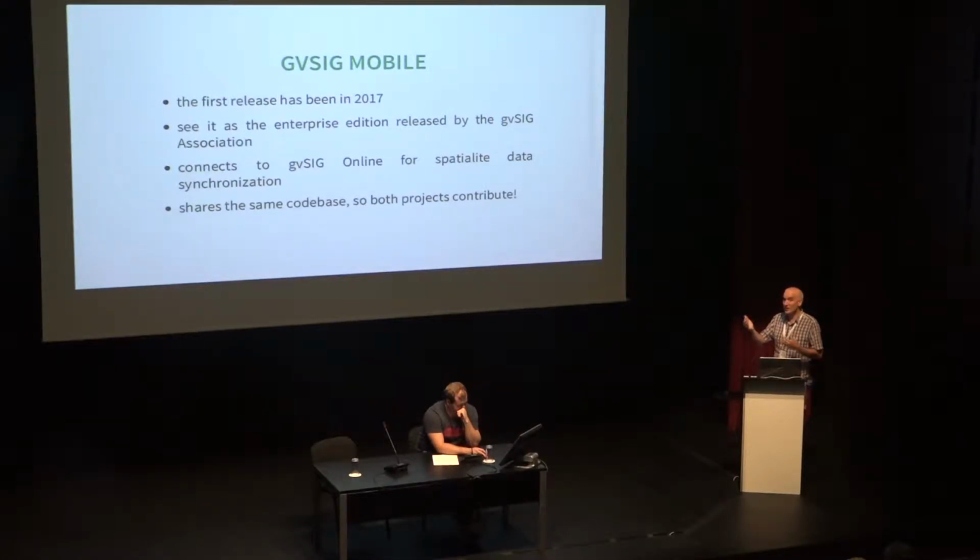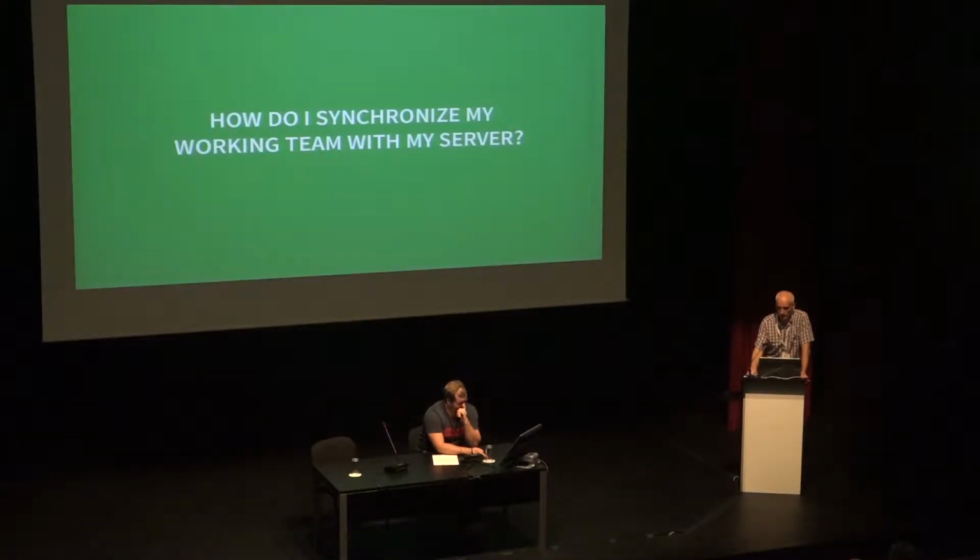The important thing is that input and output is going to change, and it has plugins to connect to GVSig Online. It also shares the same code base, so whatever development comes for one of these 2 projects contributes to the same project, which is quite good.